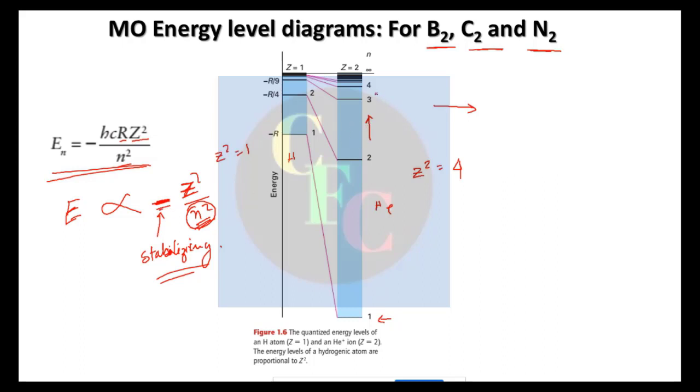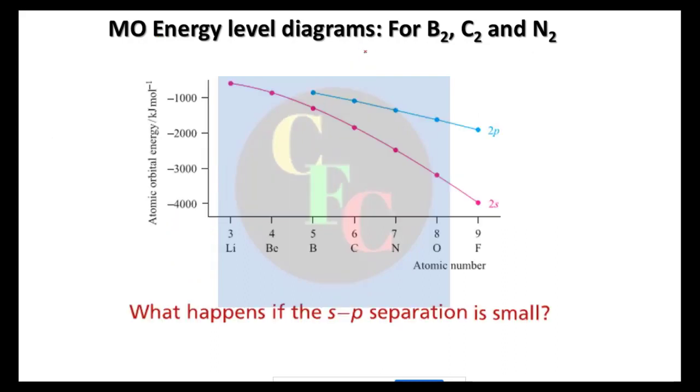As n was increasing in particle in a box, the gap was increasing. Here the reverse is occurring because of the negative sign. So you see the difference between 1 and 2 is much higher than between 2 and 3, and it is decreasing. With these two effects we can now understand this graph.